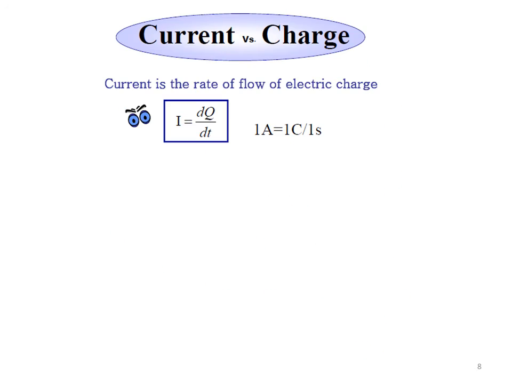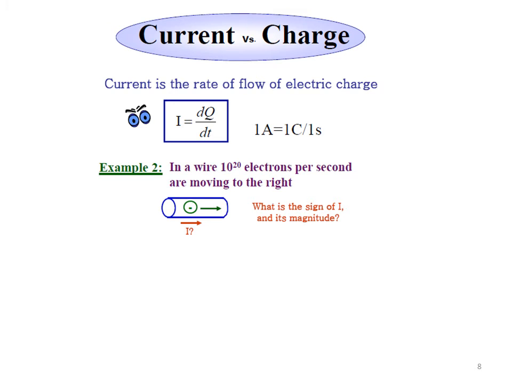Now we move on to the next slide, where we find the relationship between current and charge. A current is the rate of flow of electric charge, and it can be defined by delta Q over delta T. In other words, we can say that one amp equals one coulomb per 1 second.